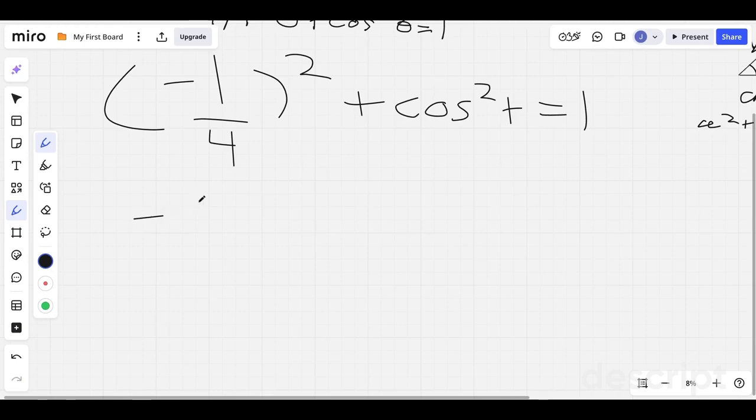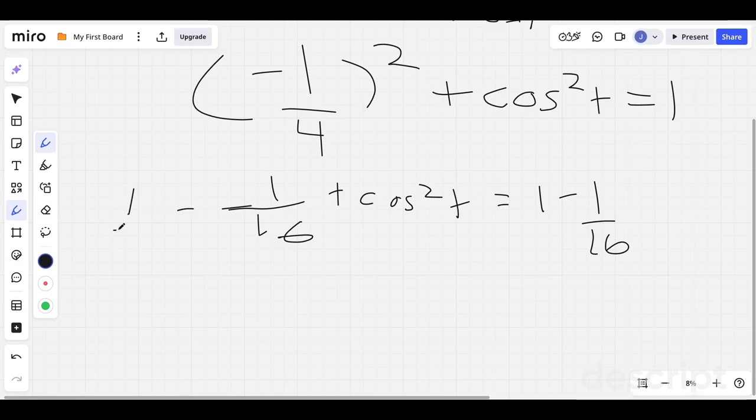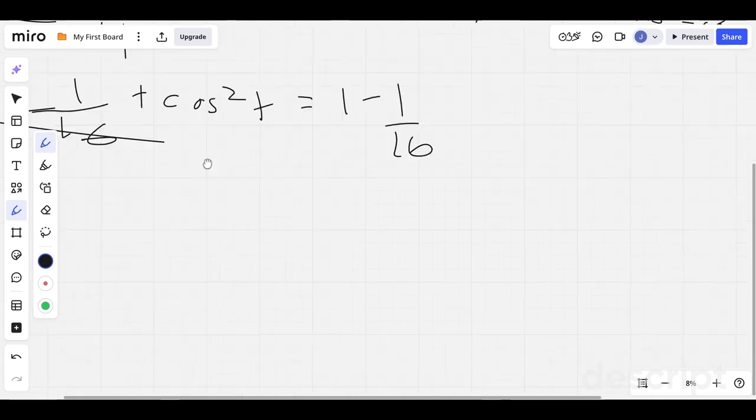Negative 1 over 4 squared is going to be 1 over 16 plus cosine squared of t is equal to 1. If we subtract 1/16th from each side, this cancels, so we essentially isolate cosine squared of t. It's equal to 1 minus 1 over 16, which is going to be 15 over 16.